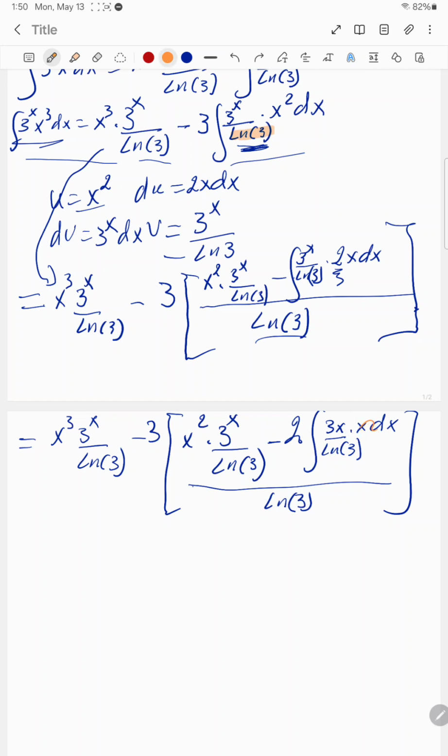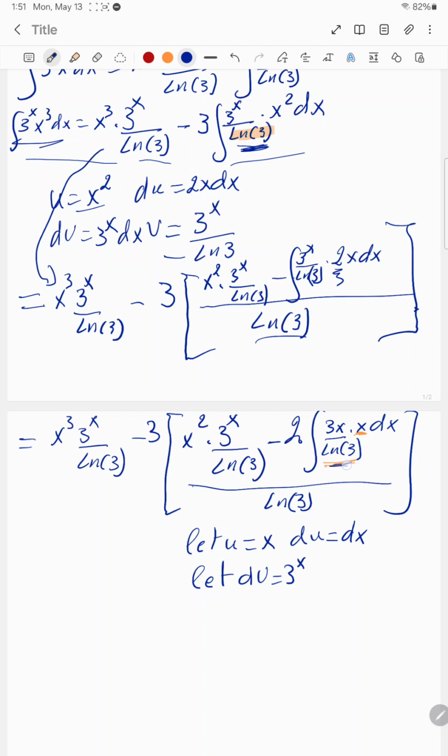So that would be my u, and that would be my dv. So let's do it. I say let u is equal x, so my du is equal dx, and let dv is equal 3 to the power of x.